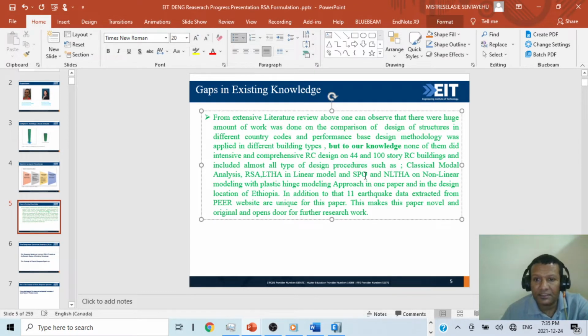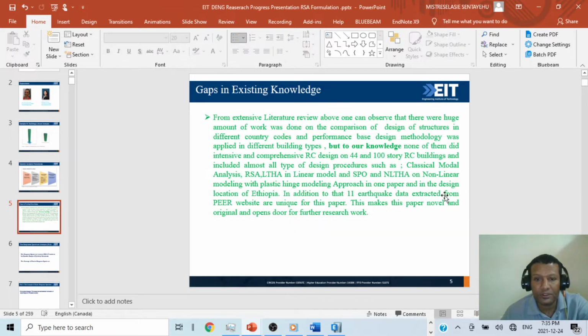SPO, static pushover analysis, and nonlinear time history analysis on the nonlinear model. So we have linear and nonlinear, and all will be performed on 44 and 100 story buildings with the plastic hinge modeling approach in one paper, and in the desired location of Ethiopia also.